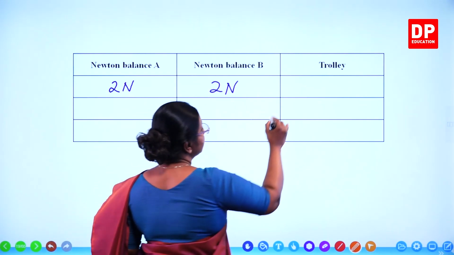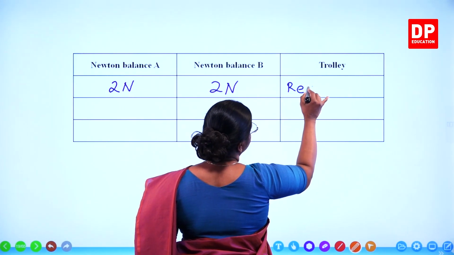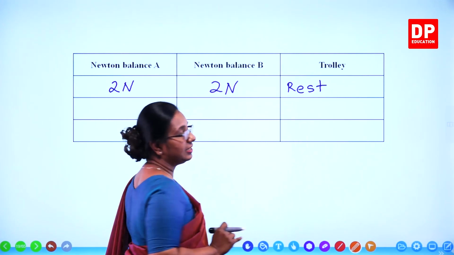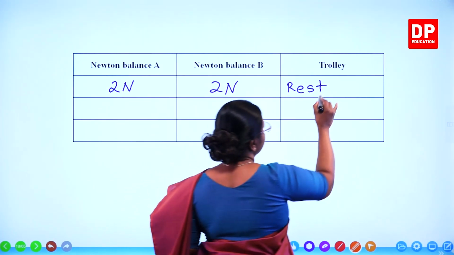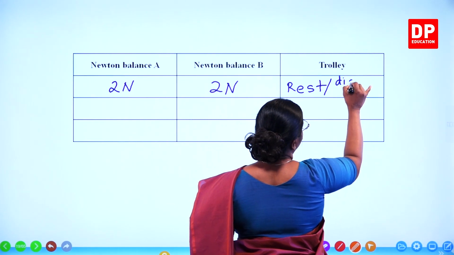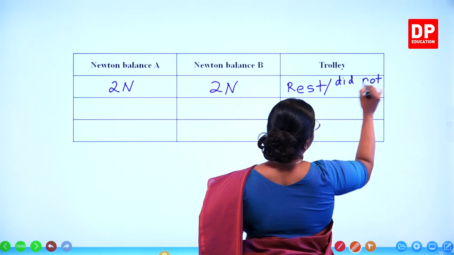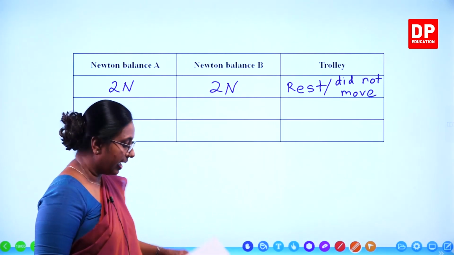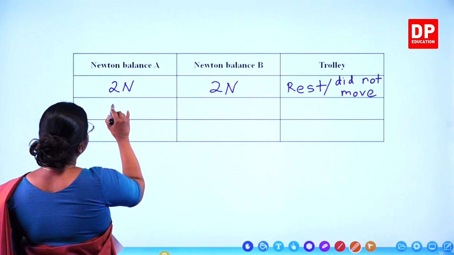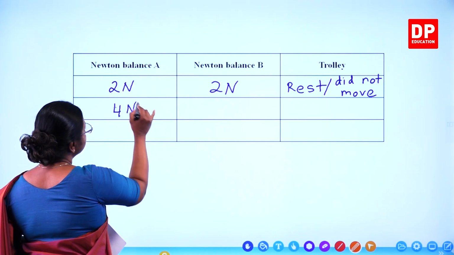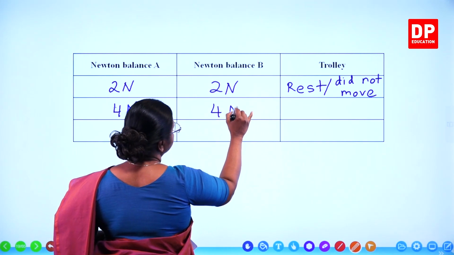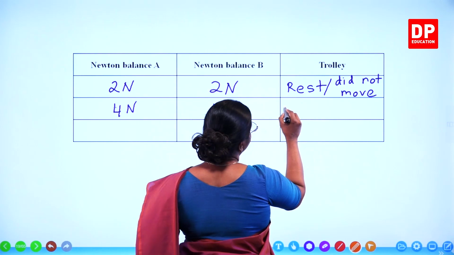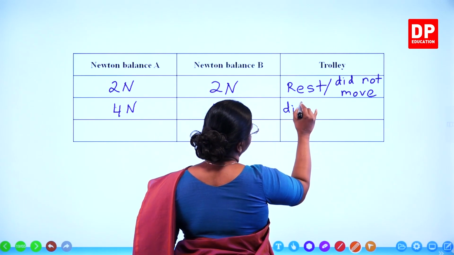The trolley was at rest, or it did not move. I will write it as rest. You can also say did not move. Then what did I do? I applied 4 Newton force, 4 Newton force. Still the trolley did not move.